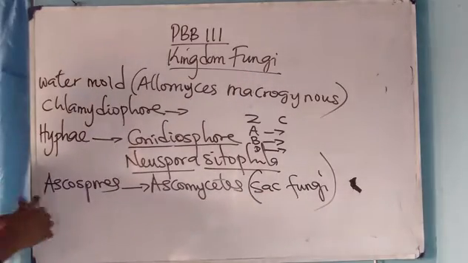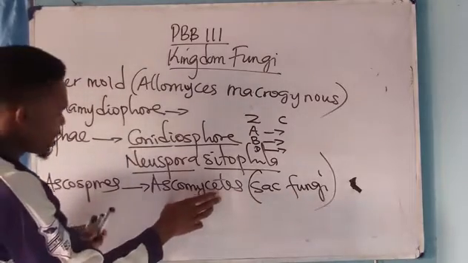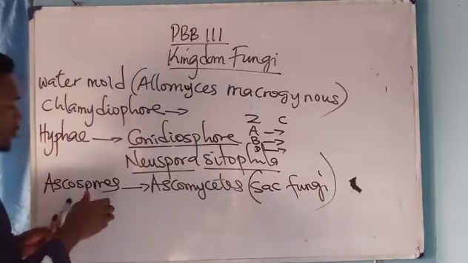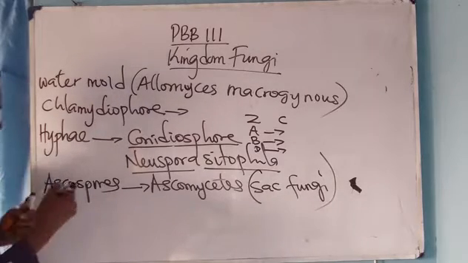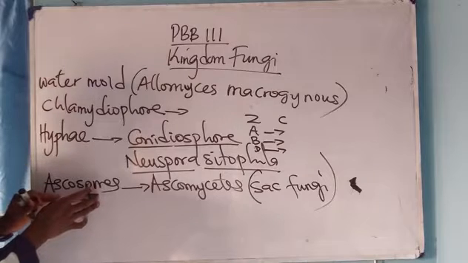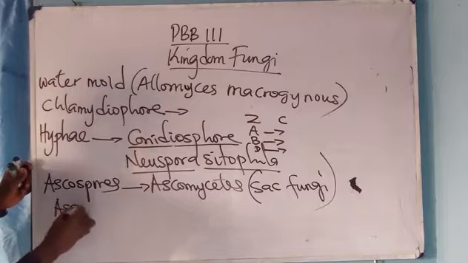Now, these ascospores produced by the ascomycetes occur in eights in one haploid spore. The place where these eight ascospores are found is called the ascus.